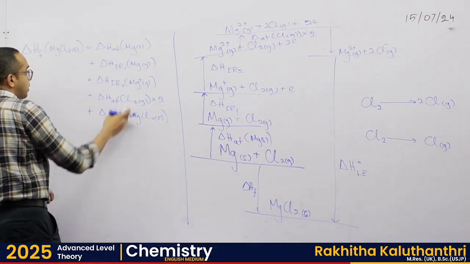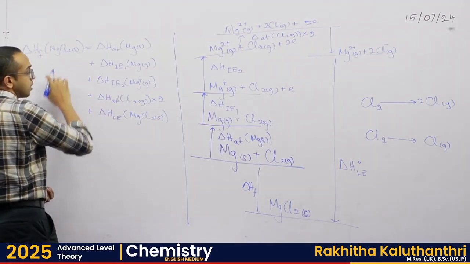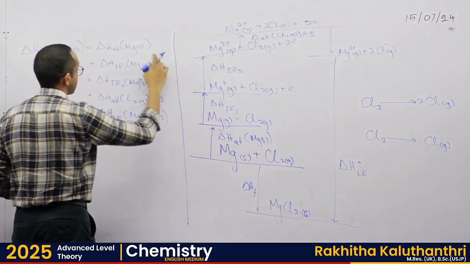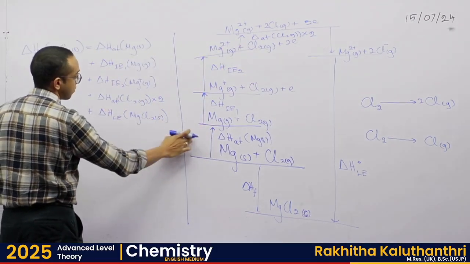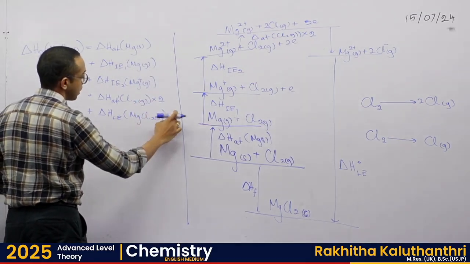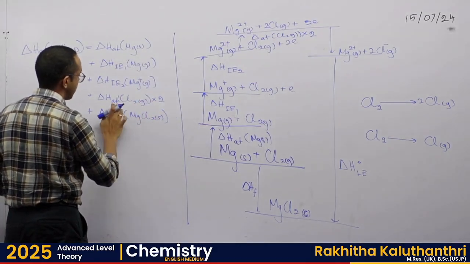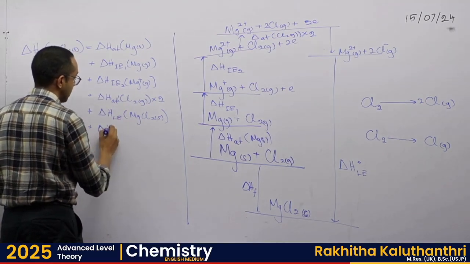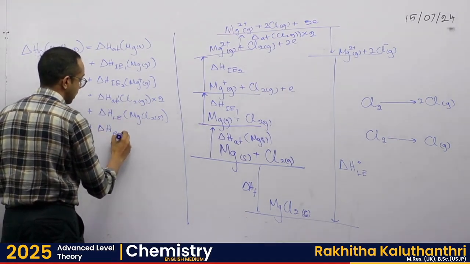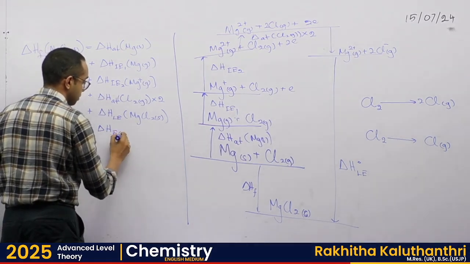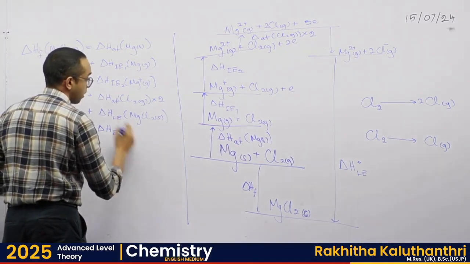Now we have to add all of these, and that will be equal to this. So altogether we have 1, 2, 3, 4, 5, 6. I have missed a few, I think. Bear with me. 1, 2, 3, 4, 5. Which one have I missed? After atomization, I have missed the electron gain, plus delta H electron gain Eg1 of Cl.